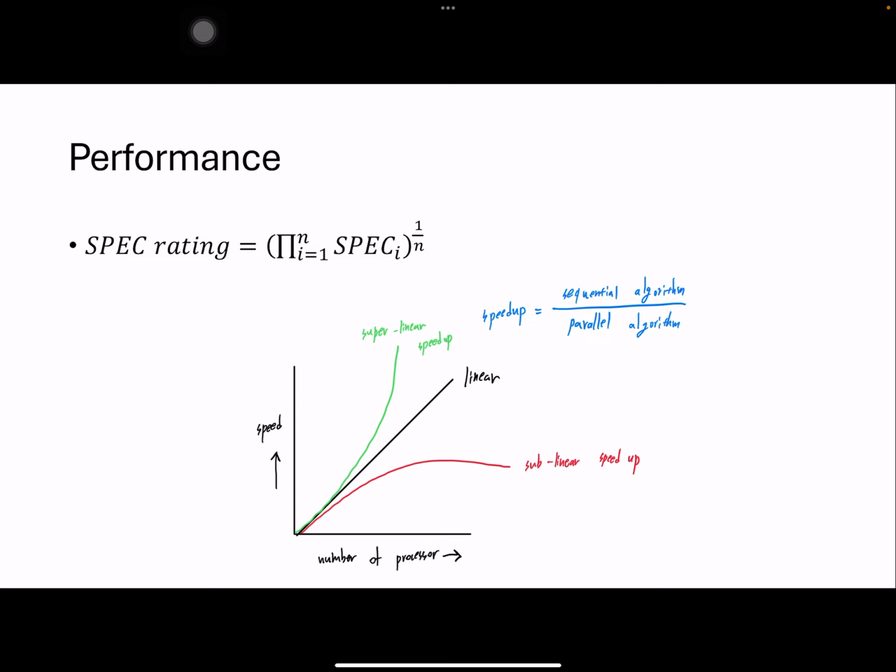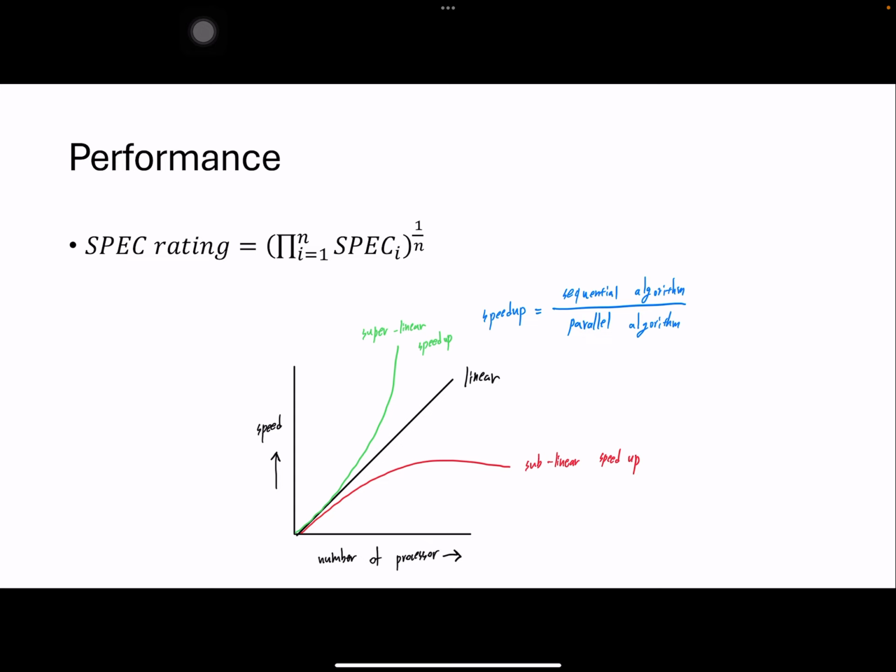The CPI is the number of clock cycles required to execute the program over the number of instructions executed in running the program. So the CPI and IPC formulas are just upside down of each other. So it's kind of the same thing.